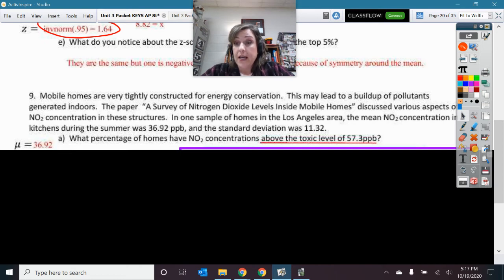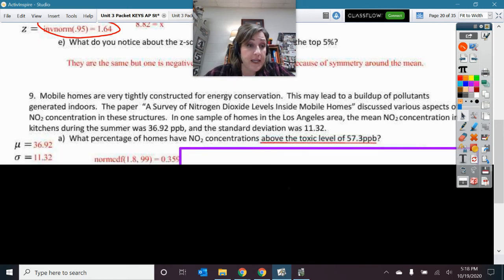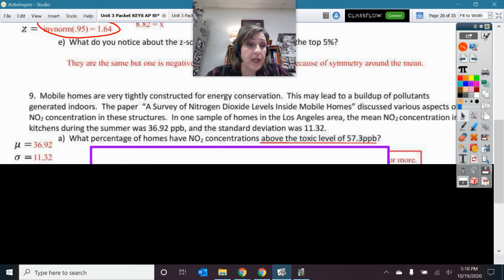They discussed the various aspects of the NO2 concentration. In one sample, in homes near the Los Angeles area, the average NO2 concentration for kitchens during the summer was 36.92 and the standard deviation was 11.32.